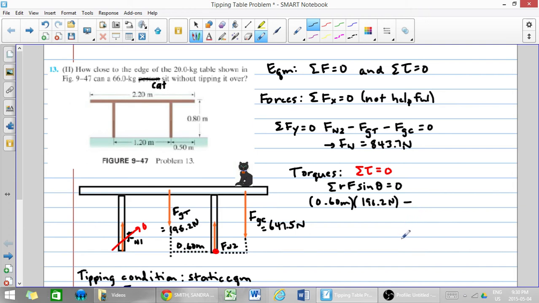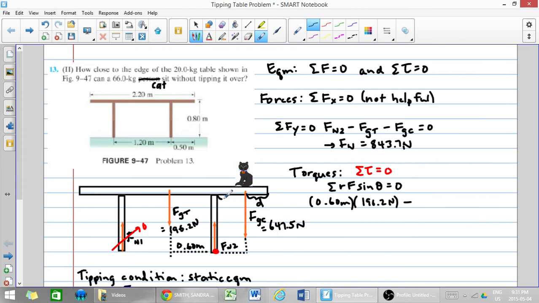For the other torque, okay, now we don't know how far away this is. We're getting into the territory of what's our unknown. The question says how close to the edge of the table can the cat sit. So we want to solve for this. We'll call that distance d, which is not too helpful in calculating the torque.